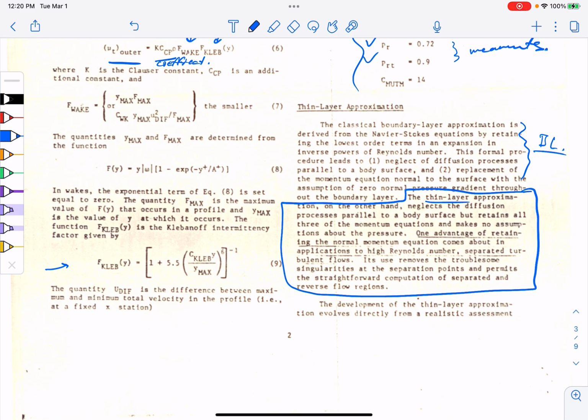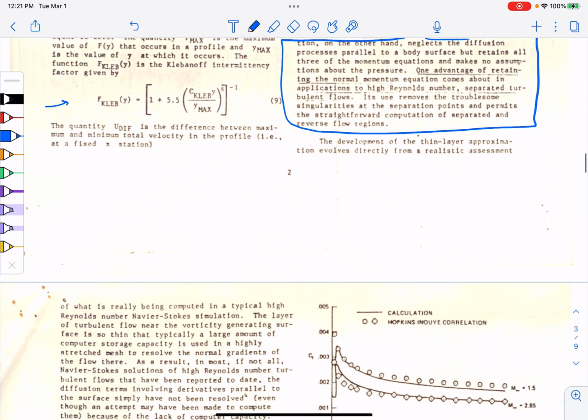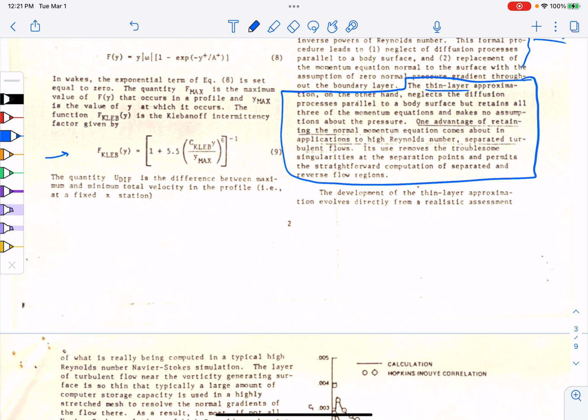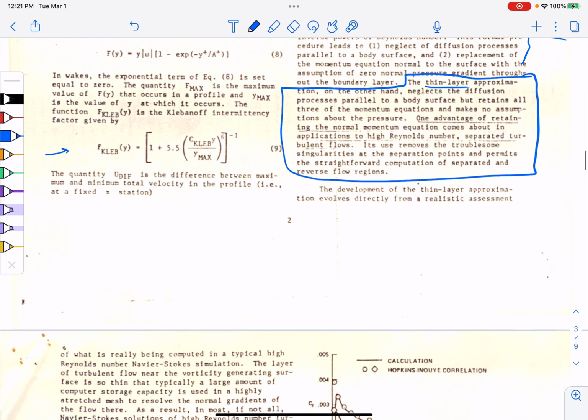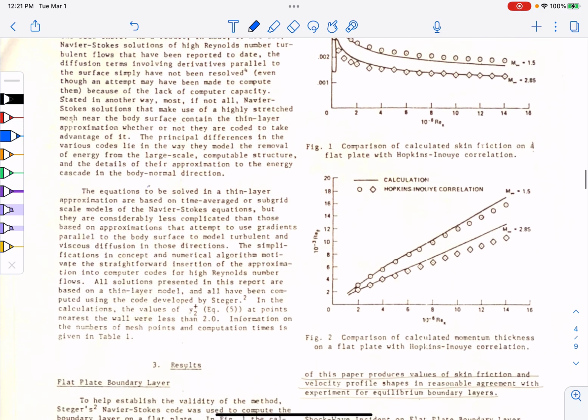It's basically about different terms being more dominant than others. In contemporary CFD, I don't think that's terribly important at all, because you're not solving boundary layer equations anyway, you're solving a general set of RANS equations. But they argue that as you go at higher speeds, that doesn't make a difference anyway.